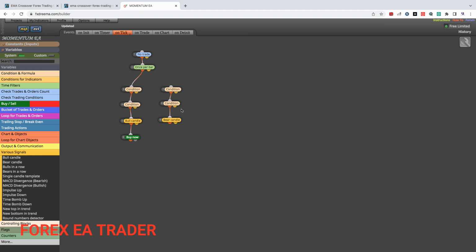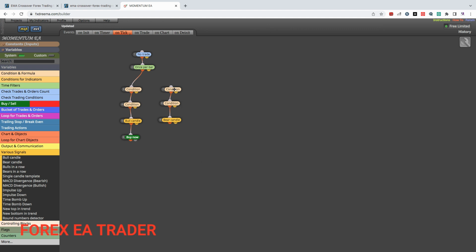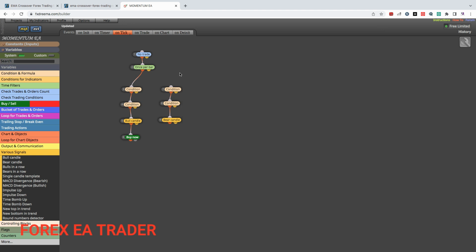And update, just to confirm, minus 100. And update. Then we go in here and we just switch this thing to that. The moment 10 crosses below that, that's a signal for our bearish move. Then we link it like that.